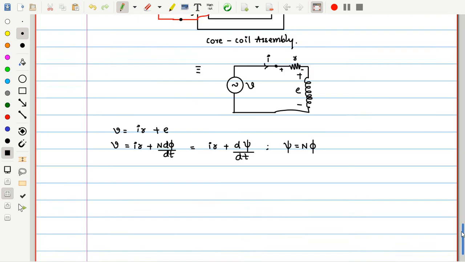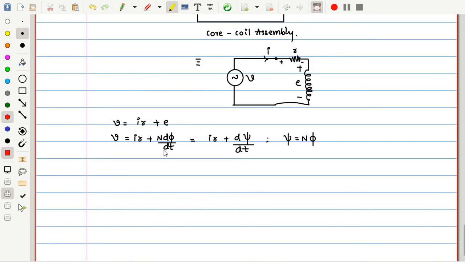Now let us talk about the second term, because the first term represents the loss basically. If I consider the power expression, the instantaneous power is equal to voltage into current, and for the voltage you can take either of the expressions. Let me take this simplified expression. So voltage is IR plus d psi by dt, into I. What does it give?